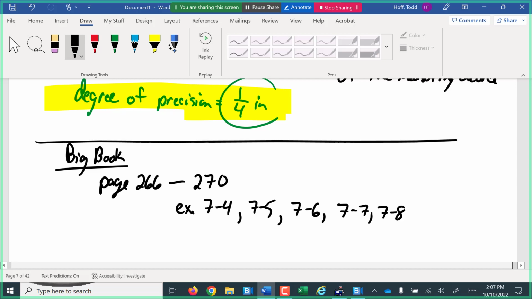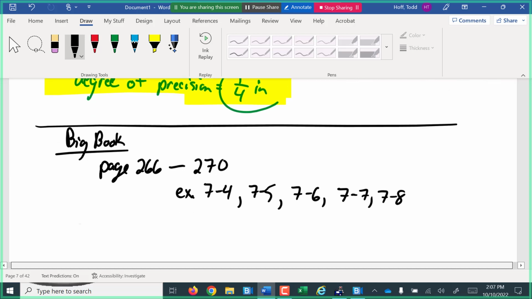So these are dealing with degree of precision, possible error, and some significant digits. Like I said, work through what you can, be familiar with them, and any graded assignment, we will do them together as a group.